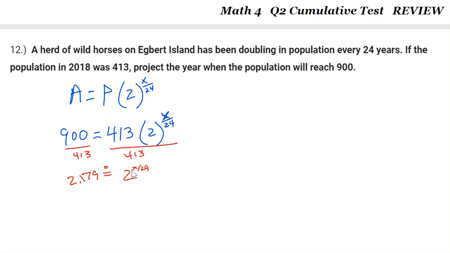Now we're going to rewrite this as a logarithm. Log base 2, the exponent goes over there, and the 2.179 goes here. Now I've still got that decimal in my calculator, so I'm going to say log of answer divided by log of 2. And that's basically what we're going to do here, is we're going to set it up like that.